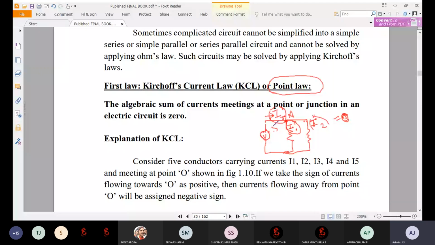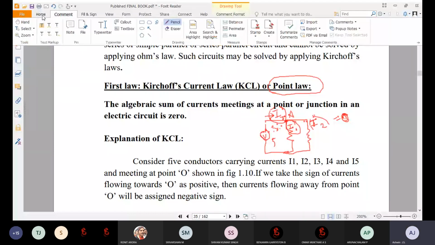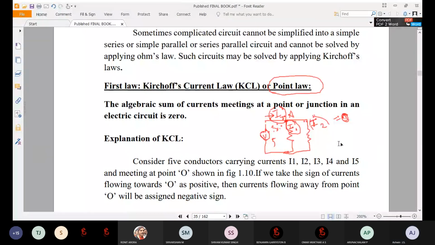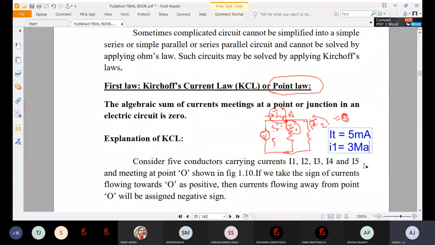For example, IT is 5 milliamps, and I1 is, let's take, 3 milliamps.